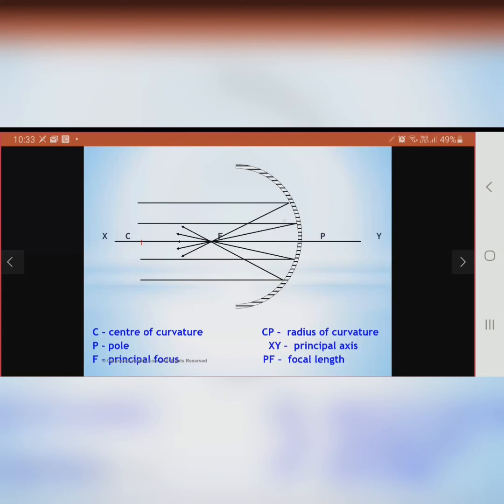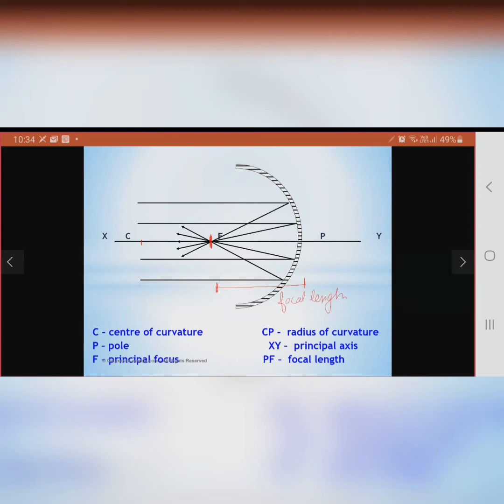All the rays coming from a very far off distance, or rays parallel to the principal axis. This point where all the rays meet is called the focus of the mirror, and the distance between the pole and focus is called the focal length.